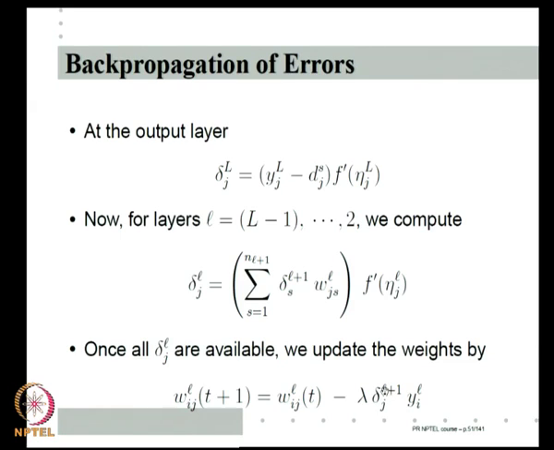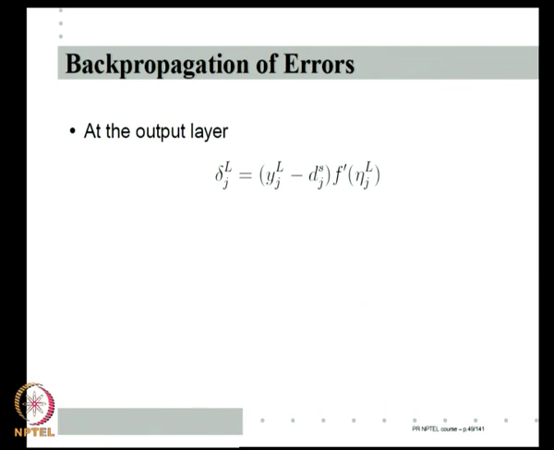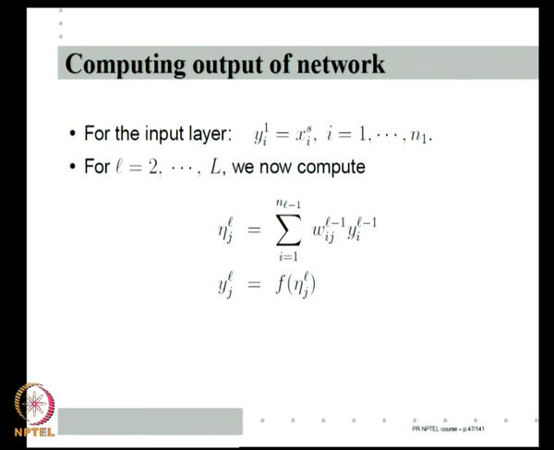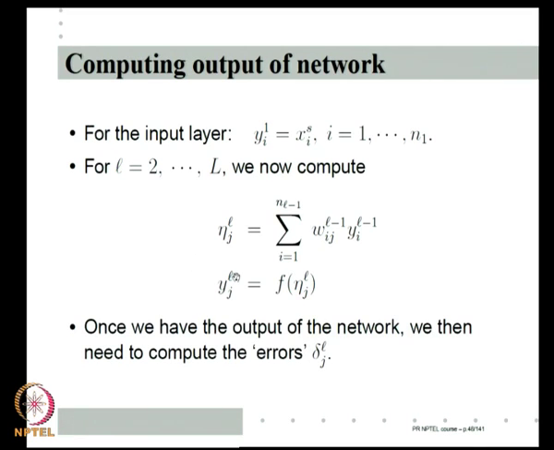Of course, I have written it as an incremental version here; otherwise we have to put a summation here, but this is the overall view. So, we have a forward computation. First I get the output of layer 1 nodes, which are simply the inputs, and then from layer 2 all the way up to L, I calculate net input and pass it through an activation successively. First I do it for layer 2, then I get all the outputs of layer 2.